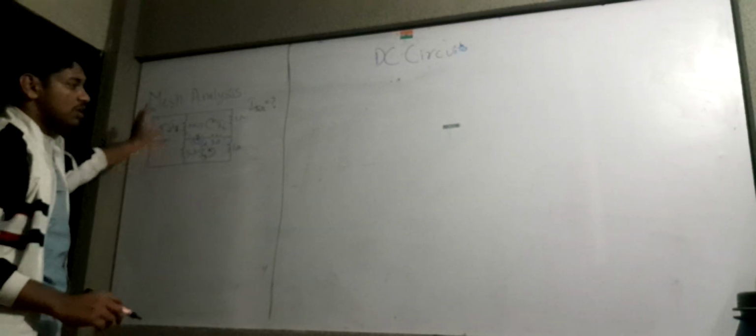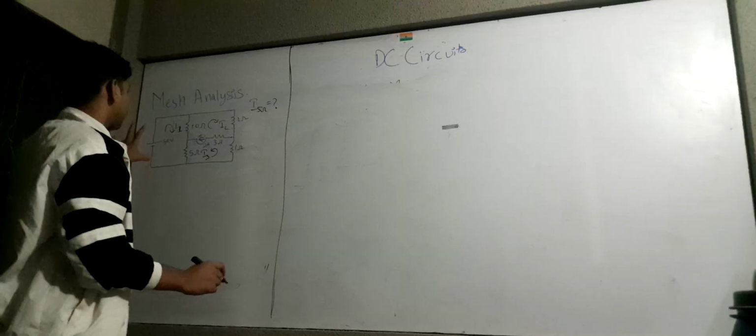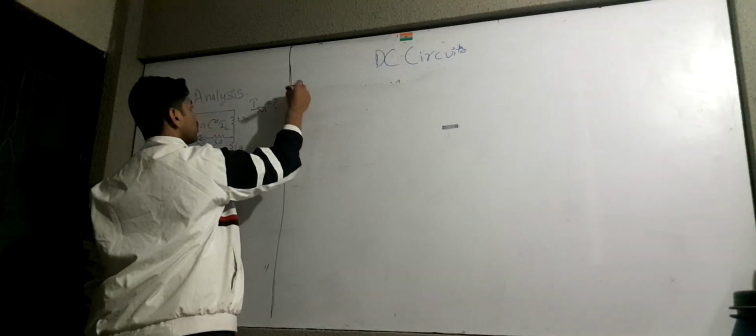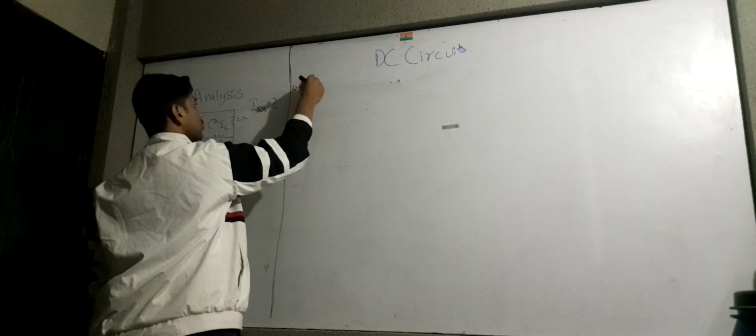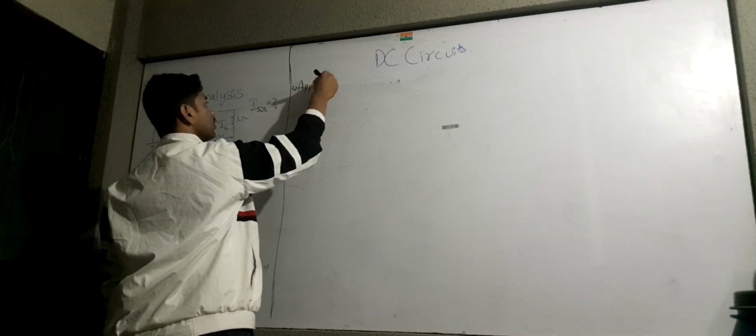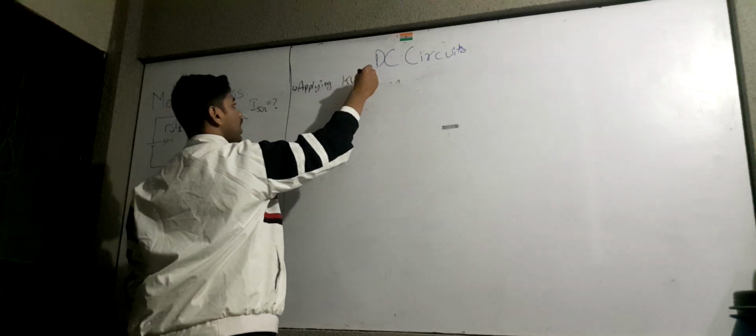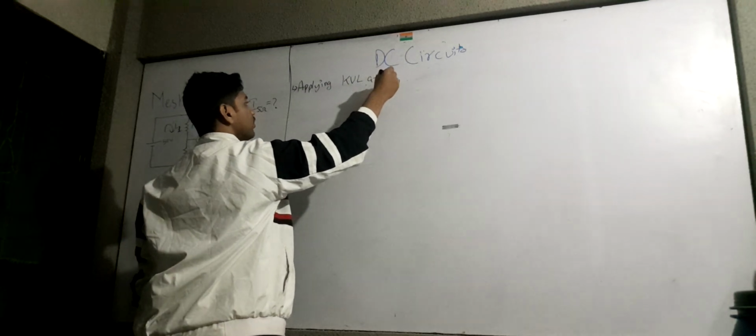Now how do we get to that? First let's go at mesh 1, because that is just a normal mesh. Let's do that. Applying KVL at M1.